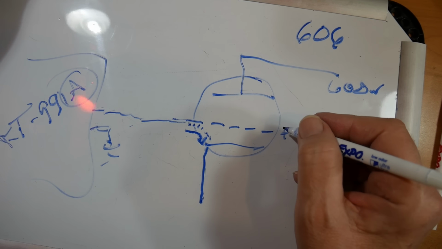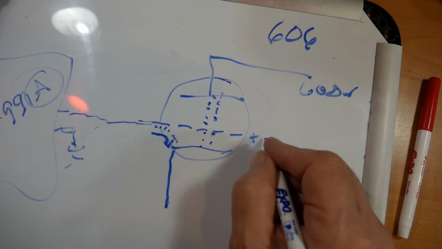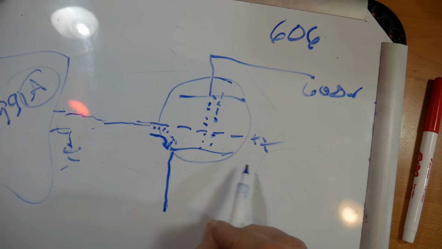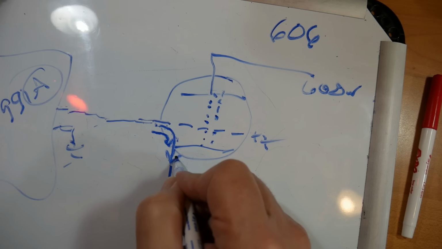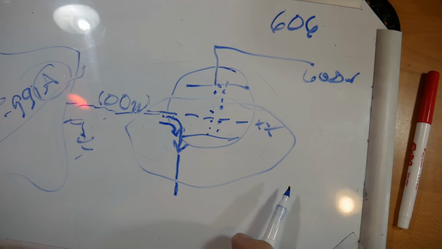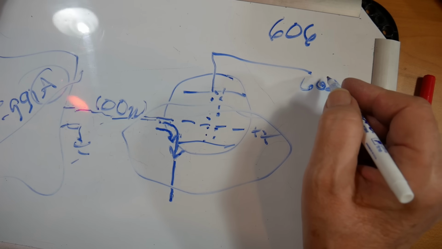Normally in a standard class A amplifier, the grid is always negative, but to get enough electrons to come up to here to do anything serious, you have to take the grid seriously positive. That means there's going to be a current flow. In other words, the FT-991 is taking its 100 watts and it is dissipating it in the tube, at the same time that this thing is creating your 600 watt signal.